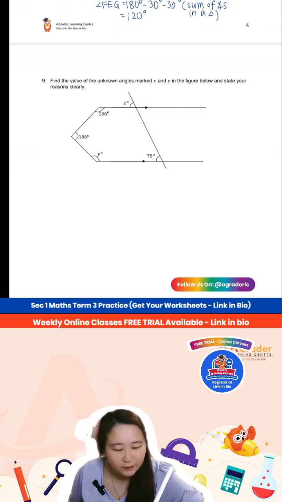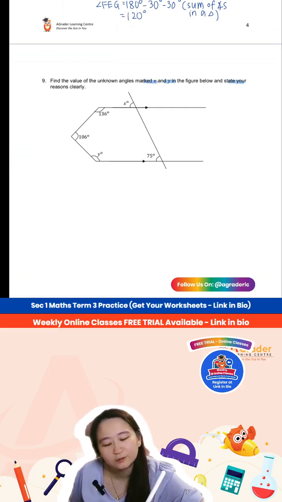Find the value of unknown angles marked X and Y in the figure below and state your reasons clearly.